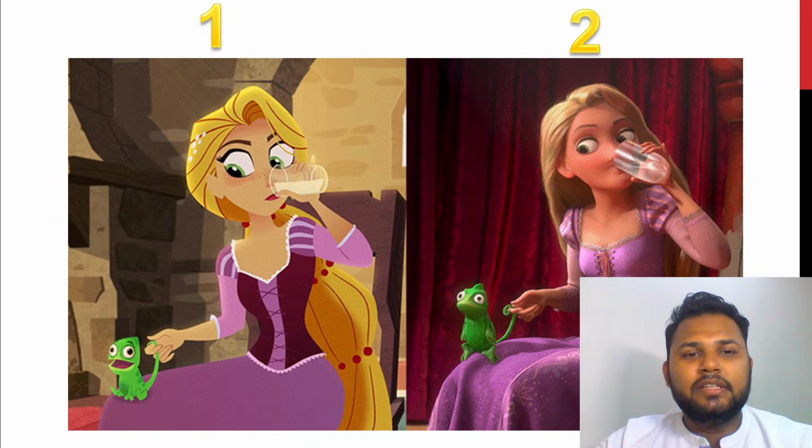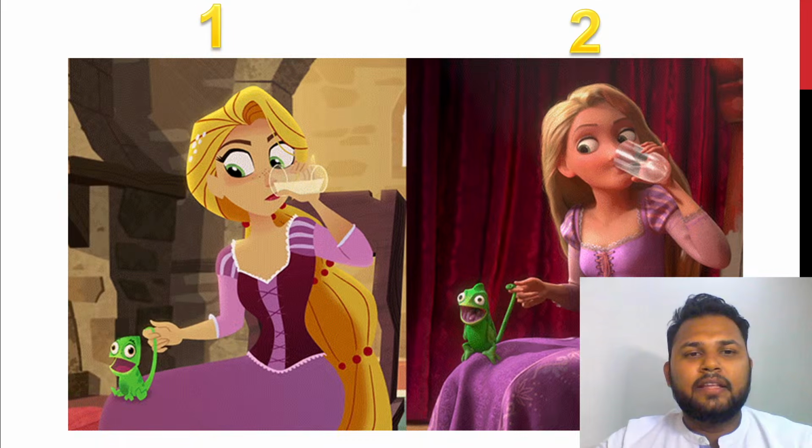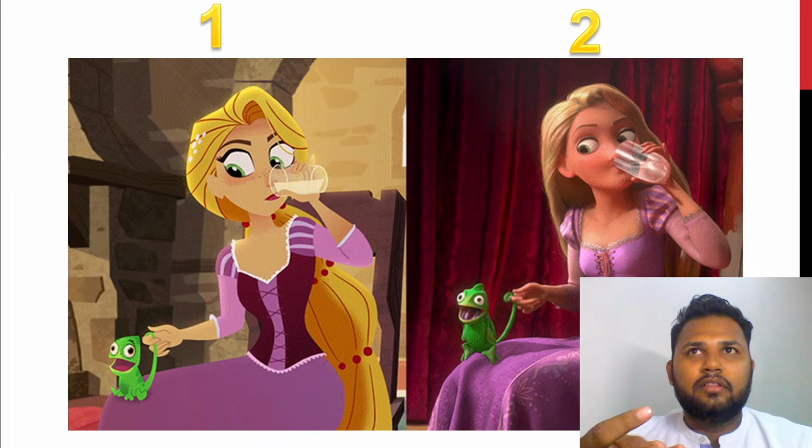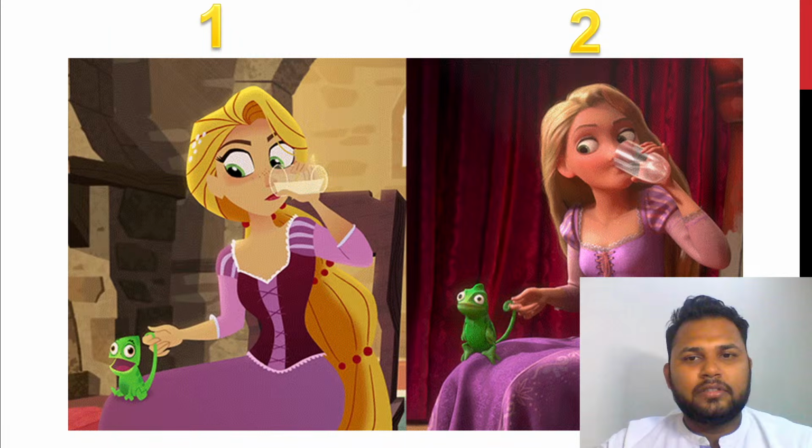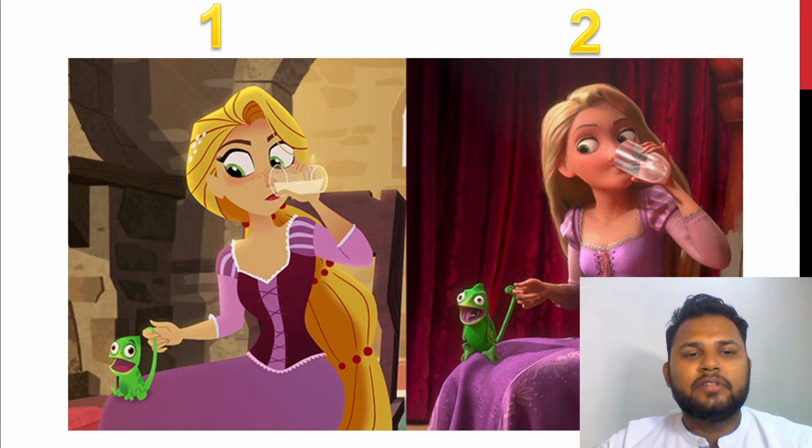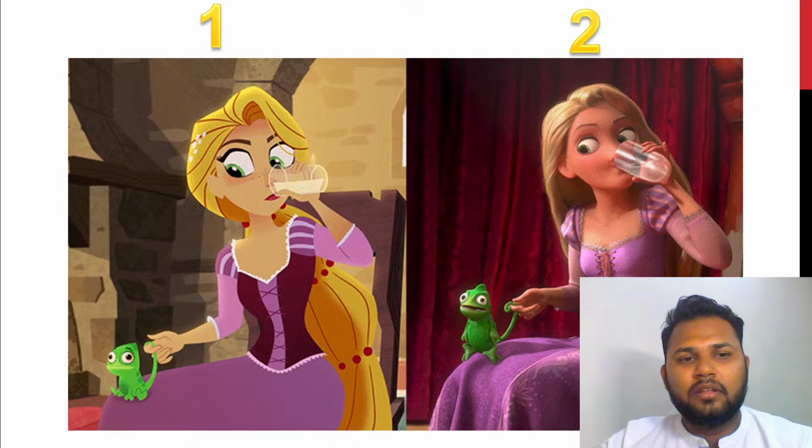The 2D image consists of length and width, but the third dimension is called height, or depth, you can say. Any 3D design requires three dimensions. So the first image consists of only two dimensions. We can't predict the depth just from what we are seeing.